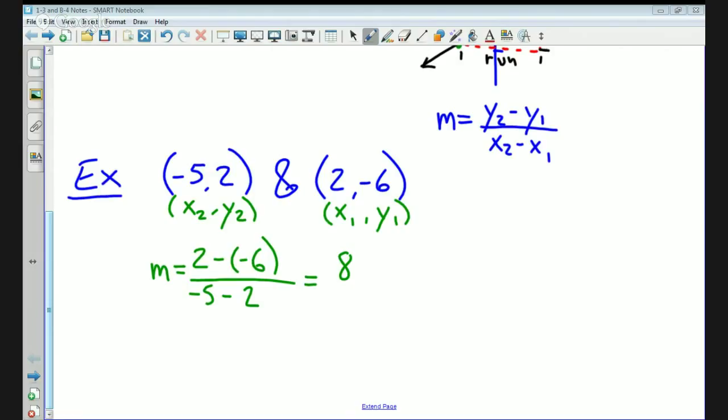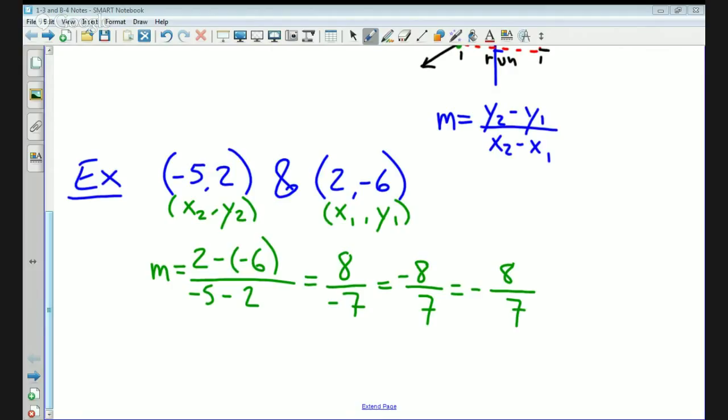Remember, a subtraction of a negative will make that a positive, so 2 plus 6 will give us 8. And then in the denominator, we have negative 5, take away 2 more, and we get negative 7. So I would say here that this slope is negative 8/7.